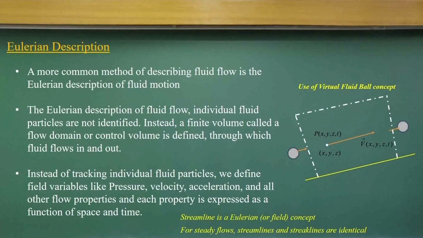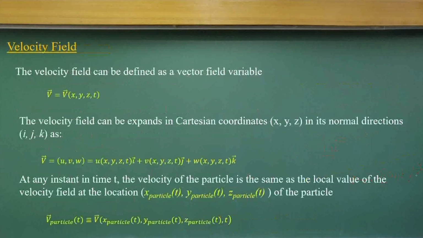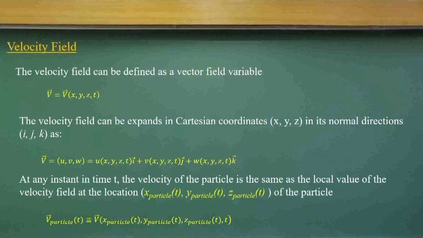But in the case of the Eulerian concept, as I said, we have a probe, okay, and that probe has a position x, y, z in three dimensions, and then we measure the time, like in the case of velocity. So we define a field of u, v, w, which varies with position and time.